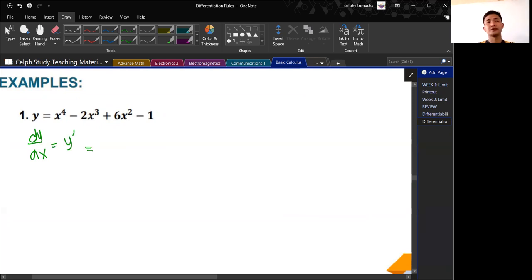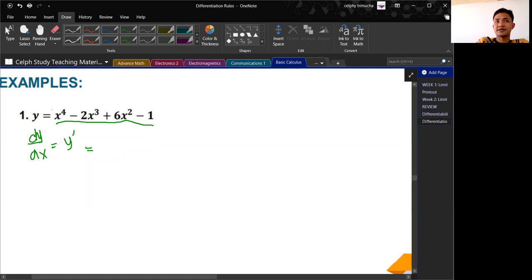Now what is our derivative of our equation? The derivative of x to the fourth minus 2x cubed plus 6x squared minus 1. You can do this directly.